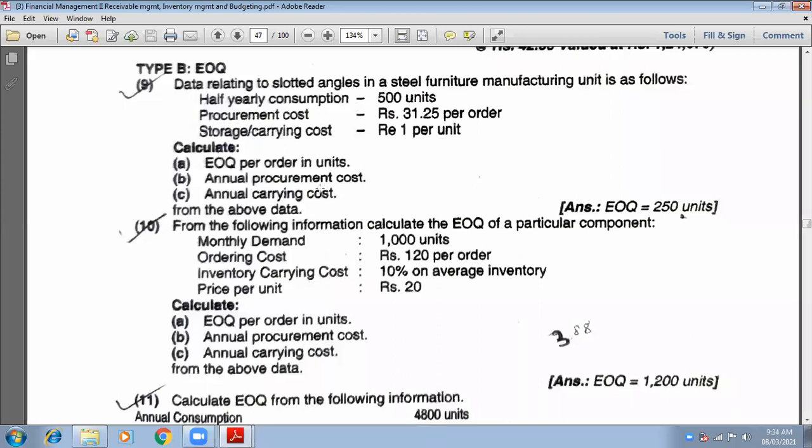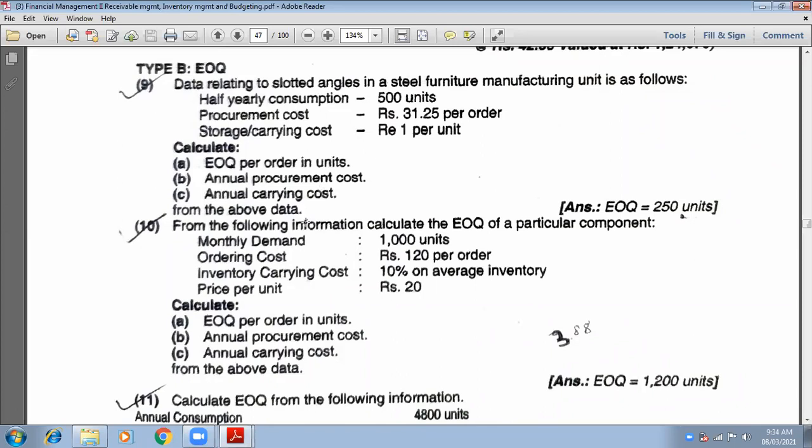There are 4 formulas: EOQ, number of orders to be placed in a year, annual ordering cost, you can say annual procurement cost, and annual carrying cost, meaning total inventory carrying cost.